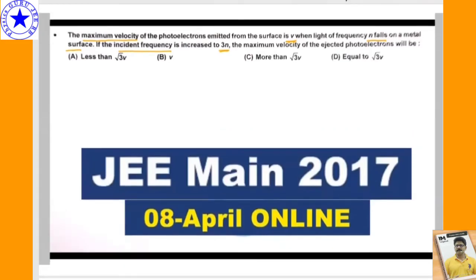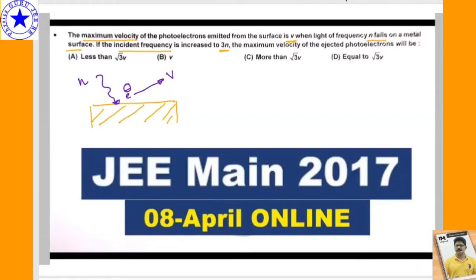Let me start here. Let us consider a surface on which incident radiation has a frequency of n. And the electron which is ejected from it has a maximum speed v, as already given.